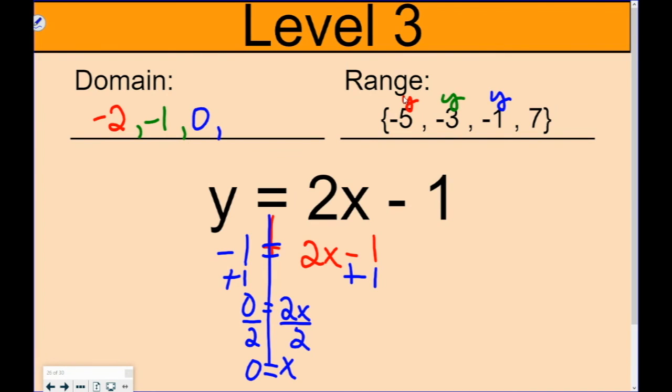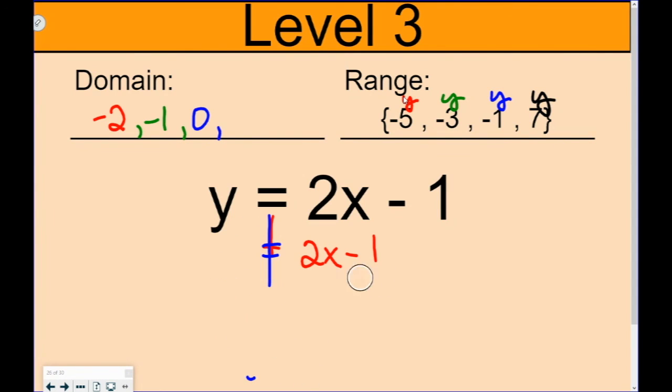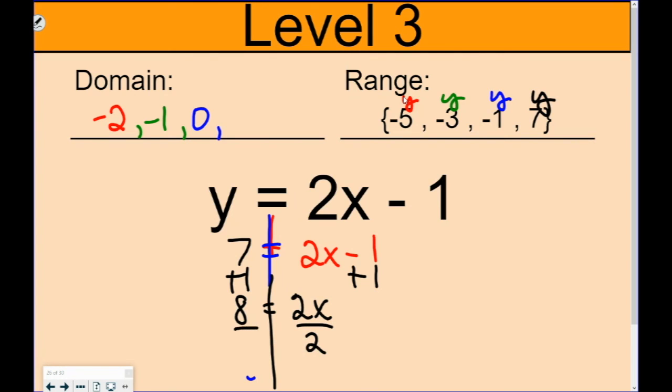Okay, so I have a 0, and then I'm going to do my final one, which is 7. So let me do a little more erasing here. Okay, so I've got my 7 in for my y. I'm going to add 1, that equals 8, equals 2x divided by my 2. That is 4 is equal to my x.